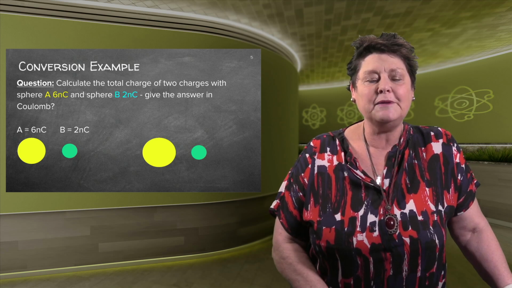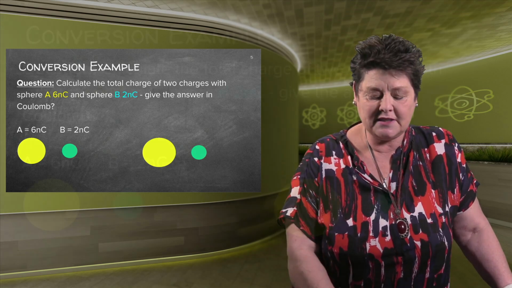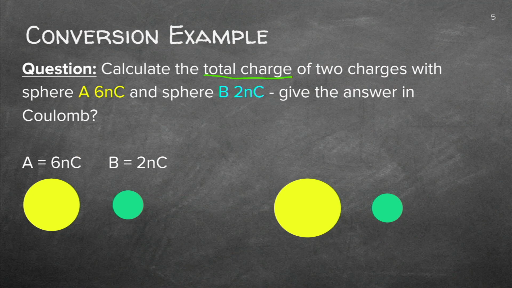So they asked me to calculate the total charge of 2 charges. So they've got sphere A and it's 6 nC. And can you remember what that n is? Think a little bit. We did it in the previous lesson. That n will mean nano, so nanocoulomb.